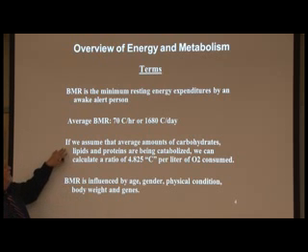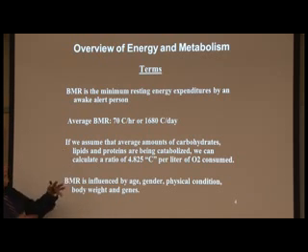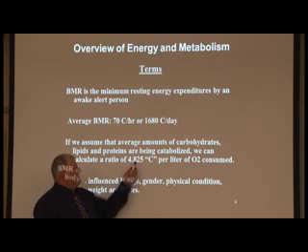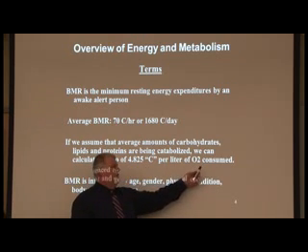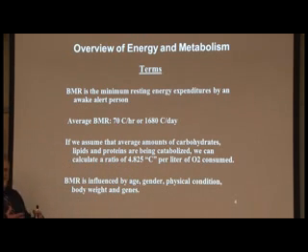Okay. The way we calculate that, you can do it mathematically. If you assume that we're using the average amount of carbohydrates, lipids, and proteins in a catabolic process to generate energy, then we would generate 4.8, or we can round it up to 5 calories per liter of O2 consumed. Then all we have to do is measure the amount of O2 that somebody's consuming.